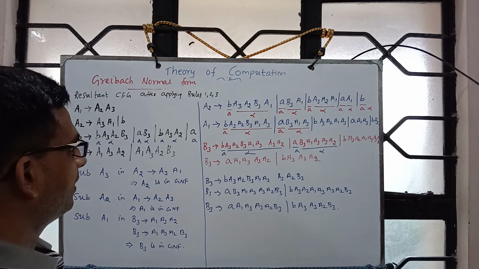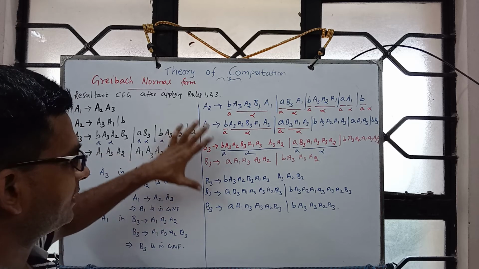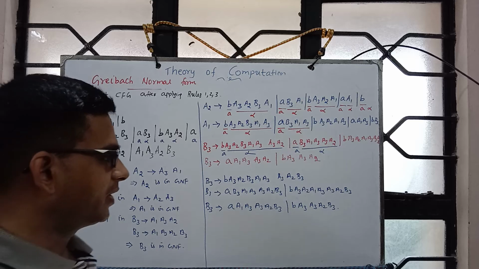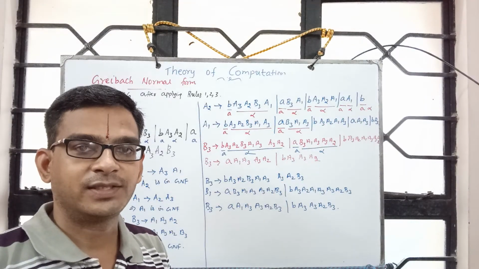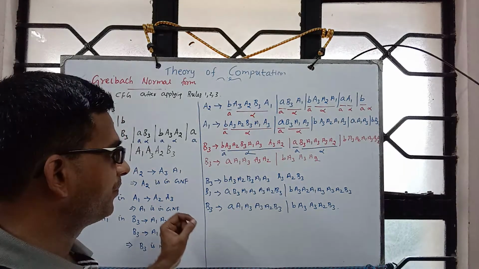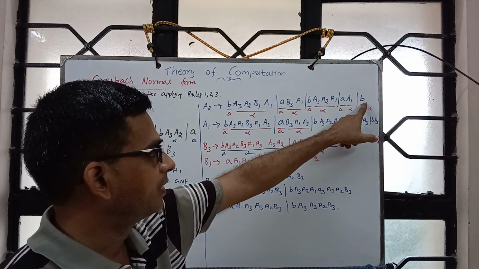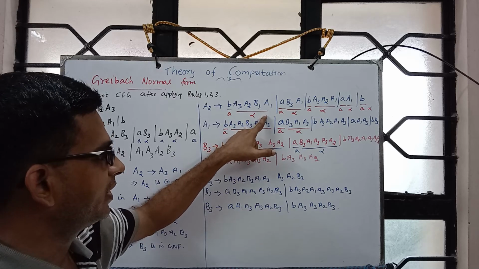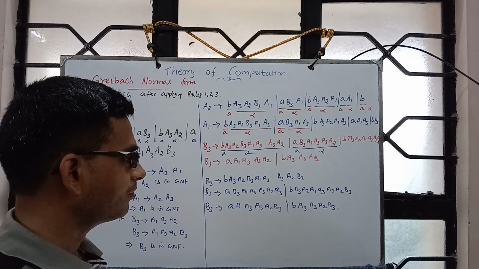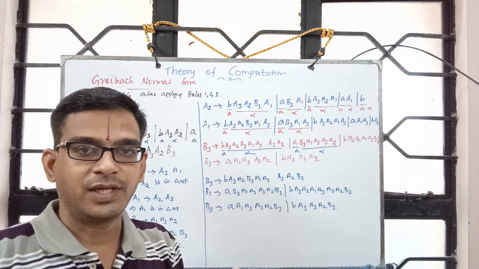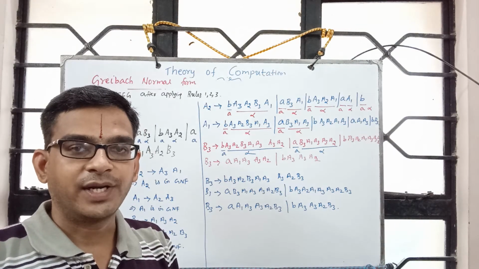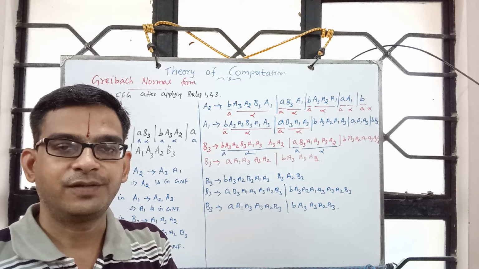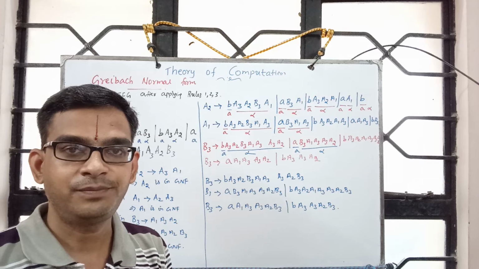Now for the given grammar, here is the resultant Greibach normal form. Each production is of the following type: A implies small a, or A implies a terminal followed by a string of non-terminals. So given a grammar, either you can apply this rule directly, or we simplify and go to CNF and CNF to Greibach normal form.